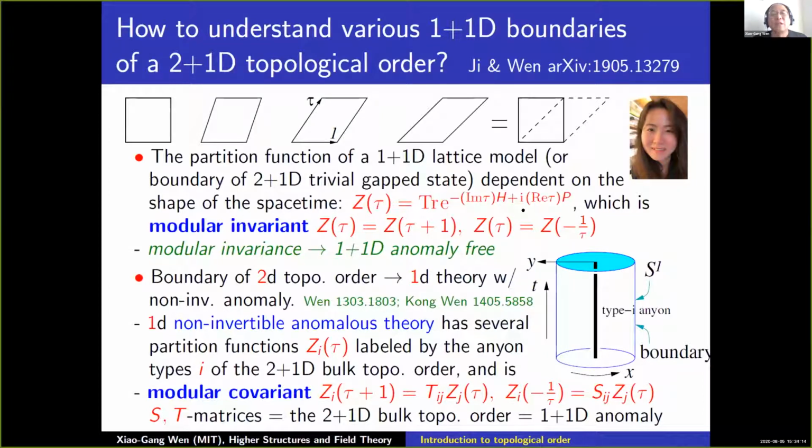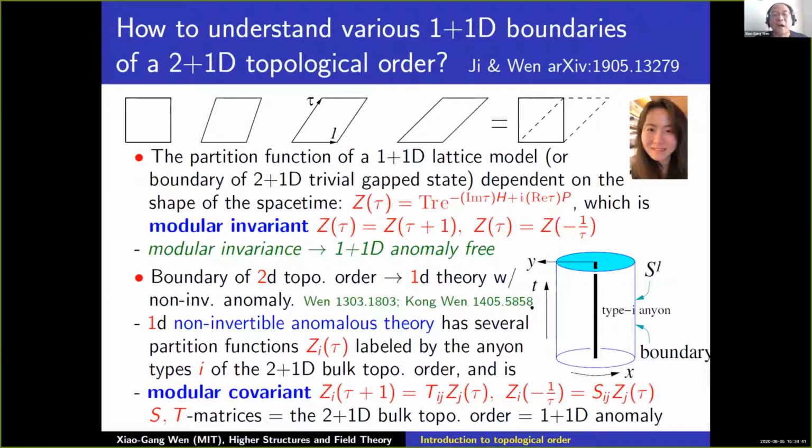This is true for the partition function of a 1+1D lattice model. So in some sense, we can say that a modular invariant partition function means anomaly free, means realizable as a 1+1D lattice model. So modular invariance means anomaly free in 1+1D.